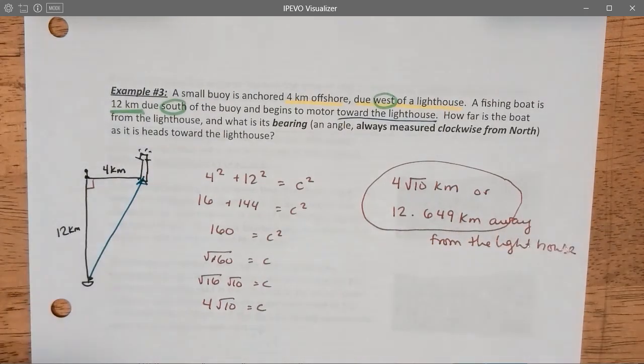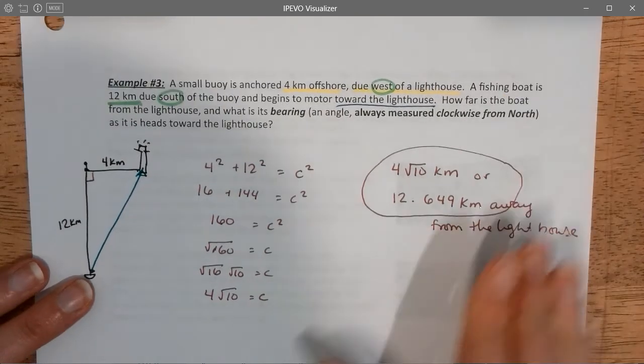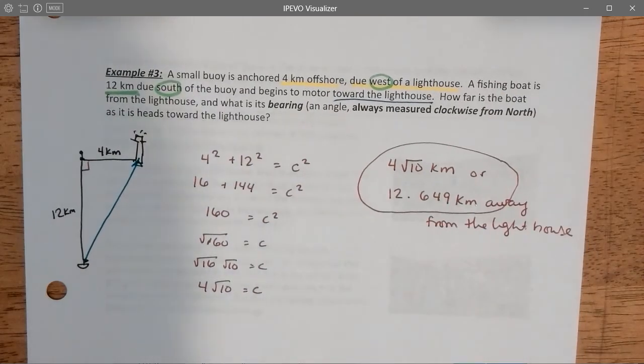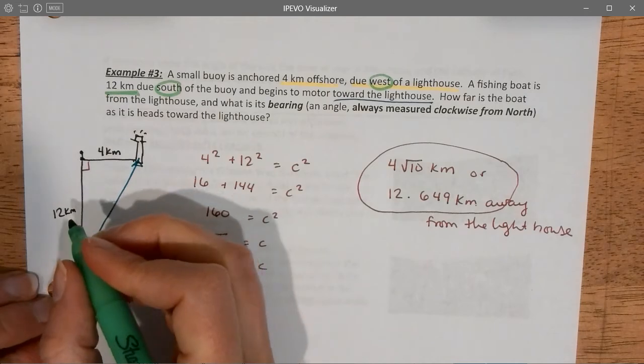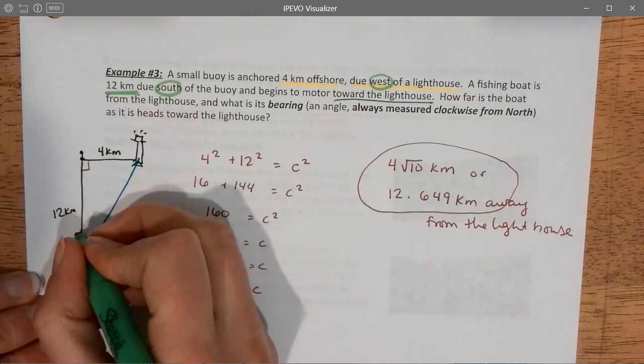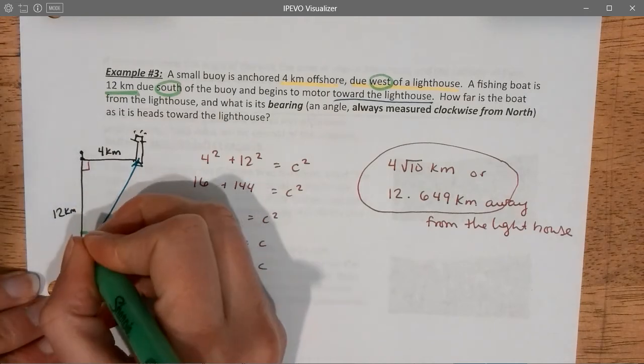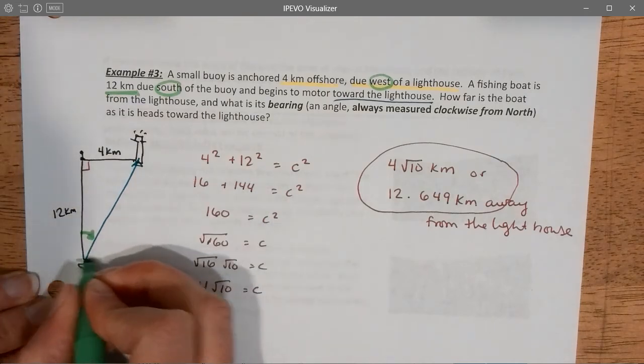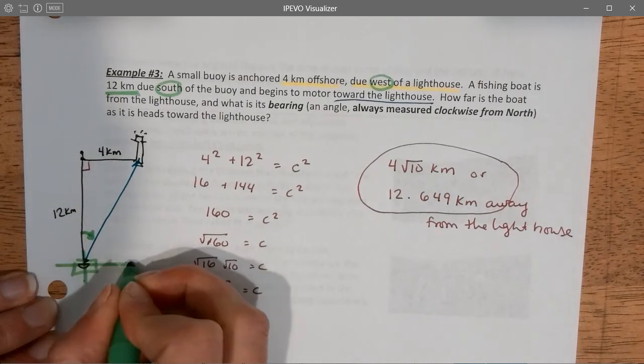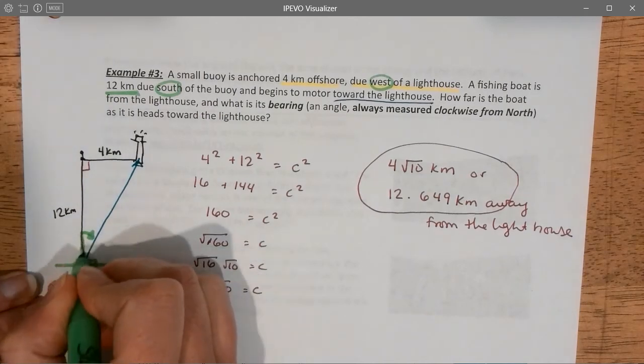Now we need to talk about bearing. Okay? So bearing is always measured clockwise from north. How far is the boat and what is its bearing? So clockwise from north will be this angle. Because in terms of the boat, north is up.